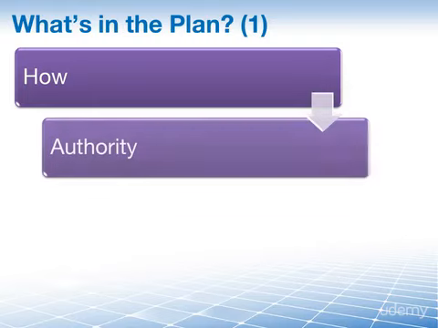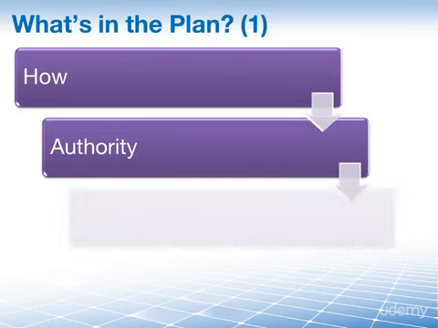Then we have authority. Here you talk about who on the project will have which roles and responsibilities in executing the risk management processes. Again, not interested who is responsible for an individual risk. We are defining who is responsible, say, for monitoring all of the risks.